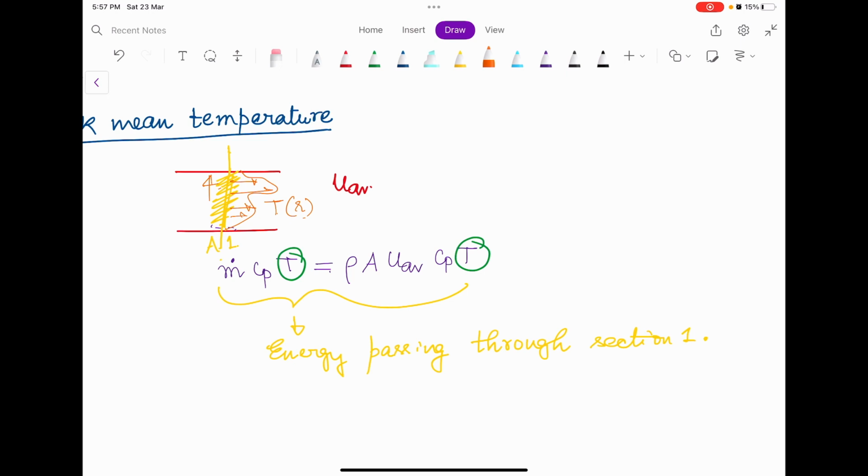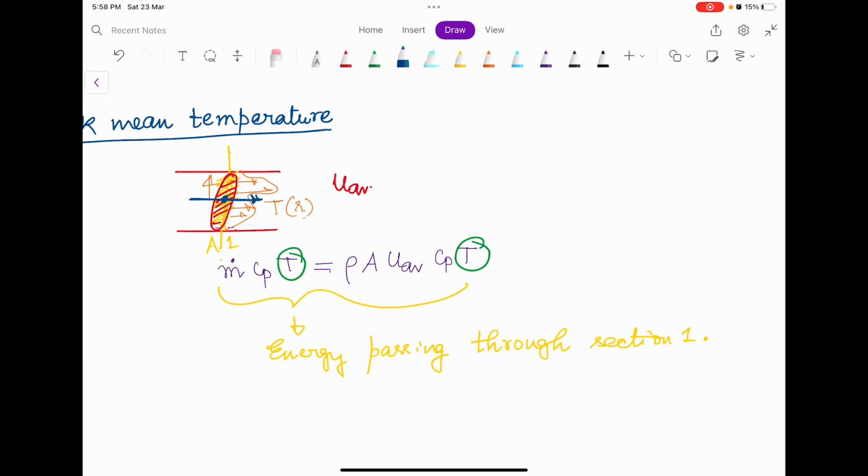Because I am talking about the whole area of cross section here, and throughout it the T is varying. Then which T am I talking about, because I am talking about the whole energy that is being carried by the fluid. Had I talked about only an infinitesimally small area, and how much energy is being carried through that area, then I could have considered the T at that r location. But now I am considering the whole area.